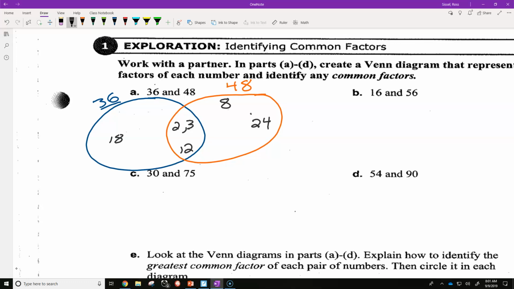Which one? 1. 1 goes into both. 4 goes into both. 6 goes into both. 48. 36 goes into both. 6 goes into, no, that's 9 goes into 36.